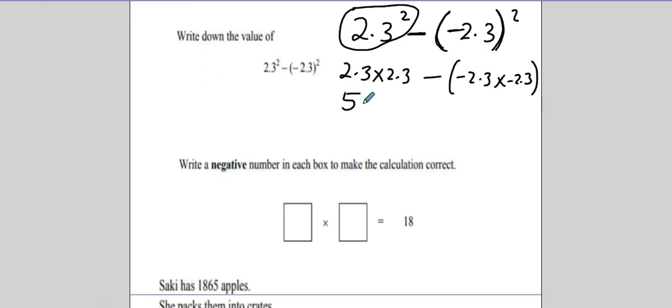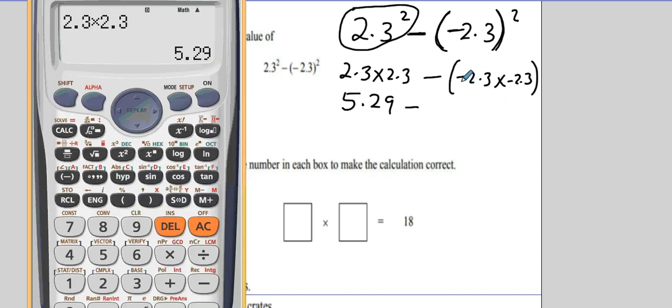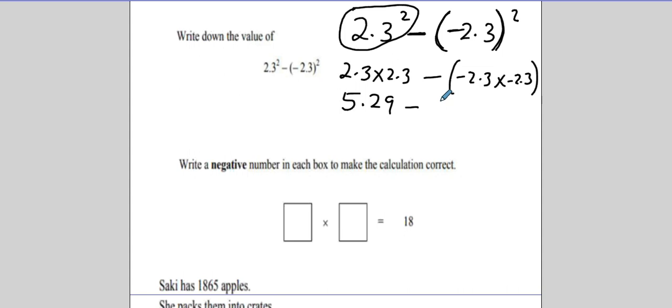So 5.29 minus, then do negative 2.3 times negative 2.3. The answer is 5.29.